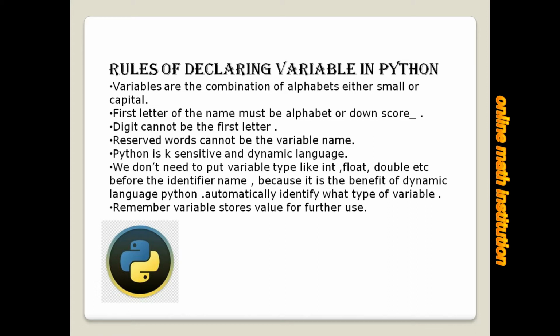For example, for is a reserved word, so it can't be the variable name. Python is a case sensitive and dynamic language.